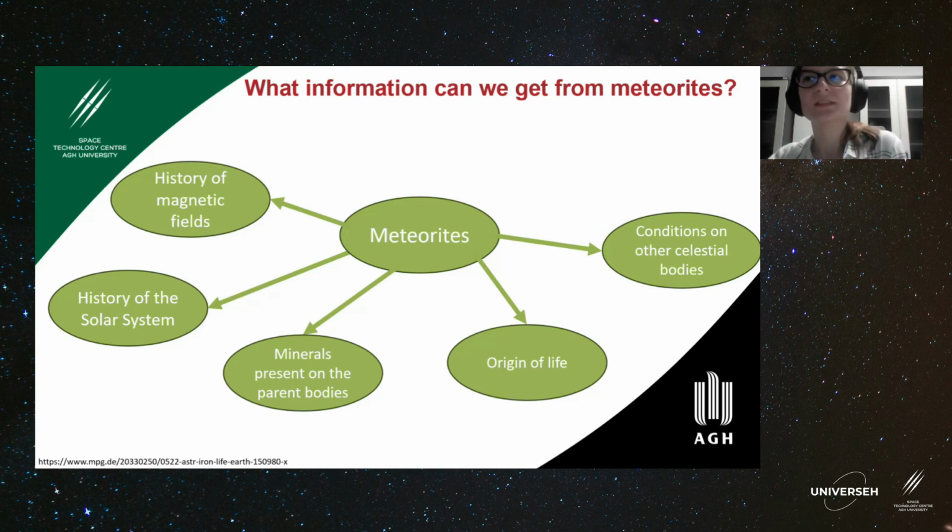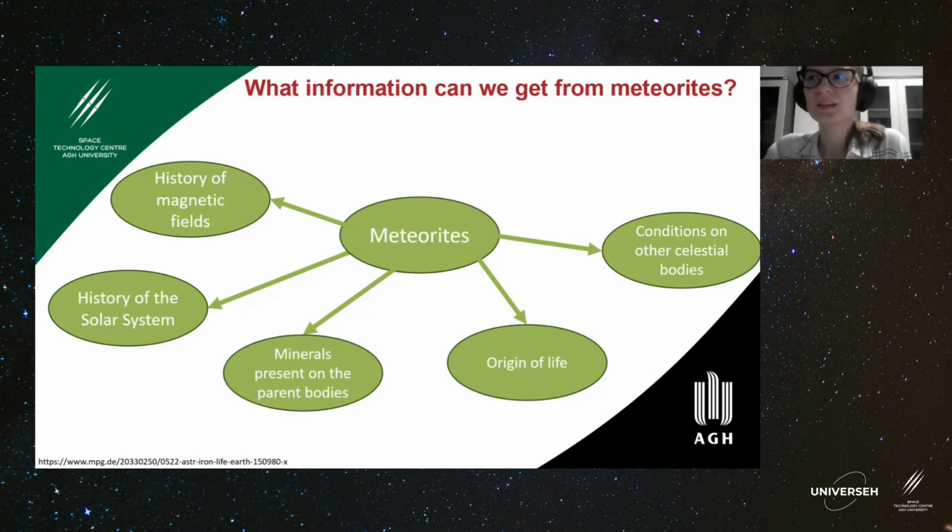In more cases, the history of the solar system can also be recorded in meteorites, due to the fact that a specific type of melting could have occurred, which causes, for example, the grains of various minerals in meteorites to be distorted in certain ways. Also, which is probably a little bit more obvious, we can identify what minerals are present on other celestial bodies thanks to identifying them in meteorites.